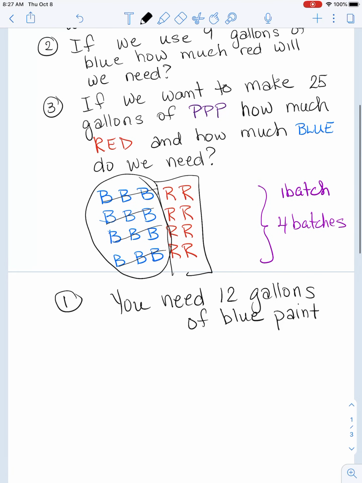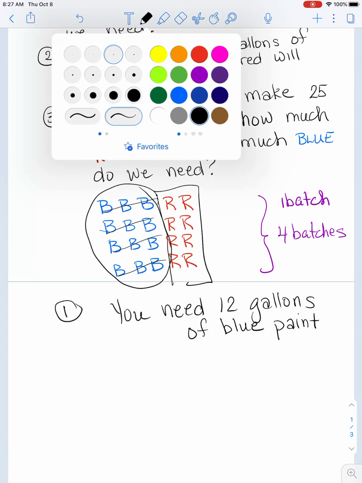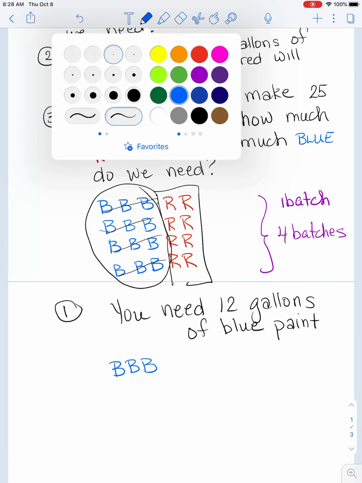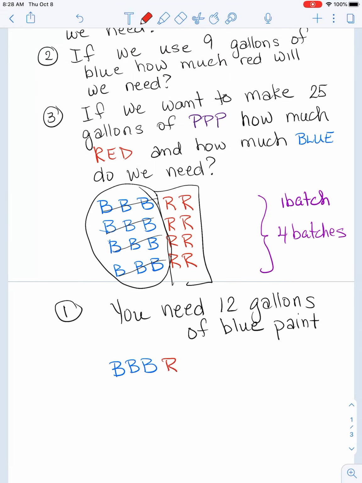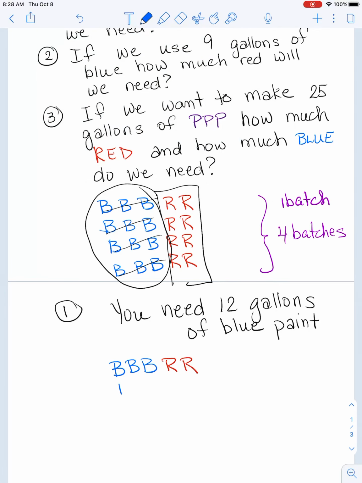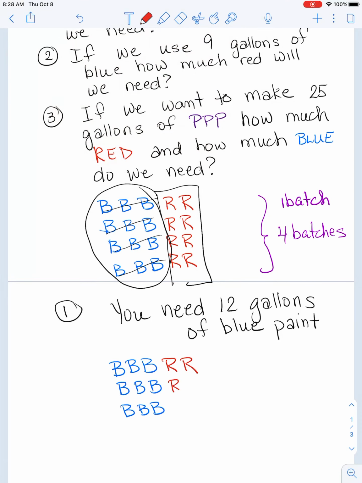If we use 8 gallons, oh, that's question 1. If we use 9 gallons of blue, how much red will we need? Well, let's try to figure that out. Okay, I have 9 gallons of blue, so let me do my pattern. Okay, and I have to put my 2 red. All right, I want 9 gallons of blue, so that's 3, 6, 9 gallons of blue, but my pattern has to remain the same.